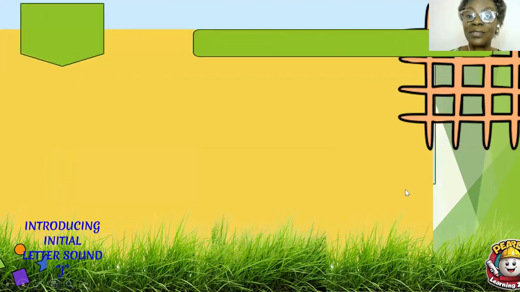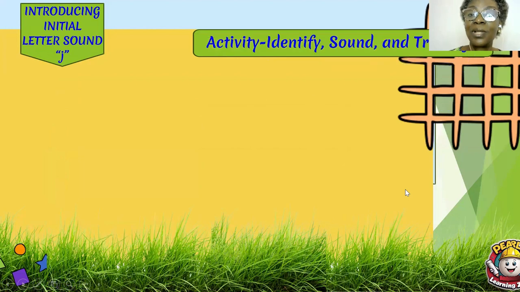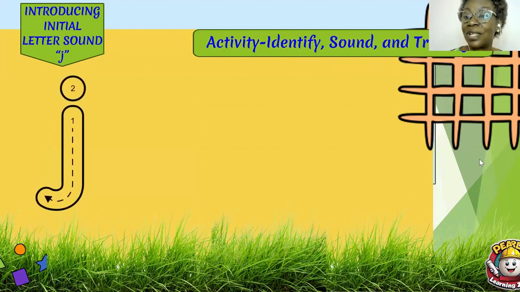Let's move on to the next. We're tracing the letter sound J. Every one of them has a pattern to follow. This is J. You begin from here again, from the top, but there's a little flick to the left.